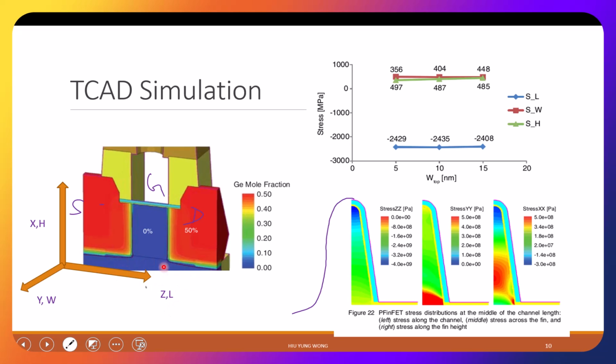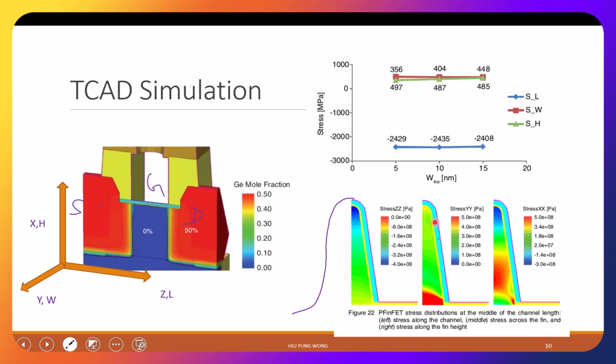We define this as Z, just a definition. So we have a very strong compressive stress in the channel. Do you see that? If you look at here, stress ZZ is negative, meaning compressive. A lot of the region is between -1 to -4 gigapascal.